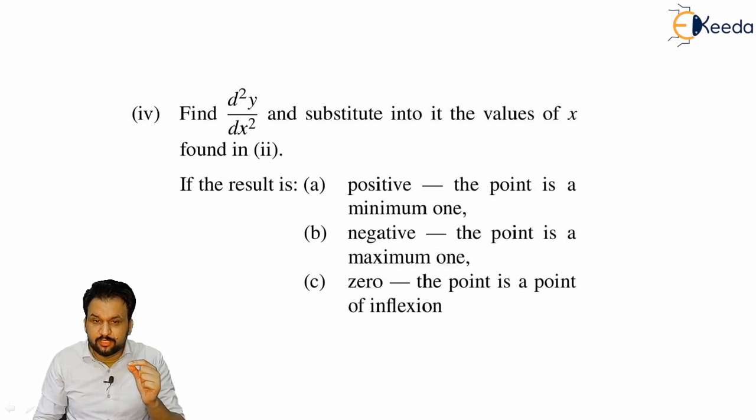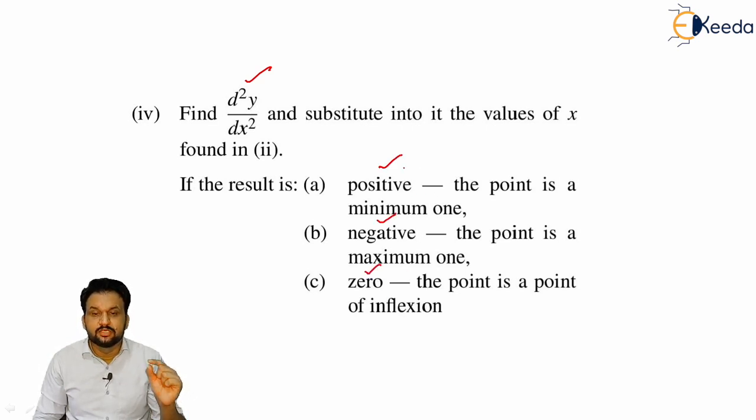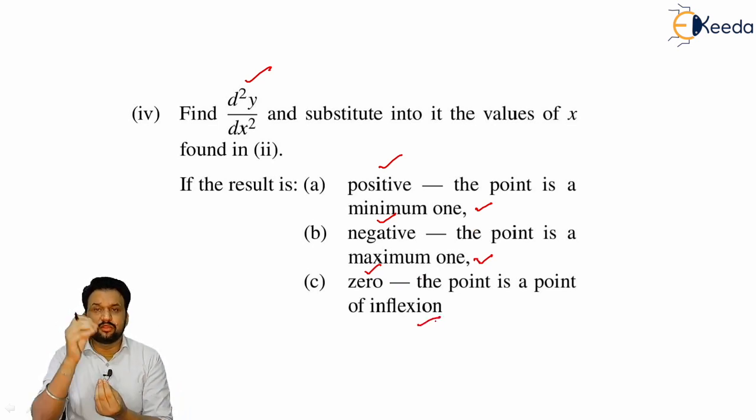Somewhere it will give you a positive result, somewhere negative, or somewhere 0. When it gives a positive result, we say it is the point of minima. When it gives a negative result, we say point of maxima. And when it gives 0, not negative, not positive, we say the point of inflection. So we have three points: point of minima, point of maxima, and point of inflection. With the help of the second derivative method, we can easily calculate maxima, minima.